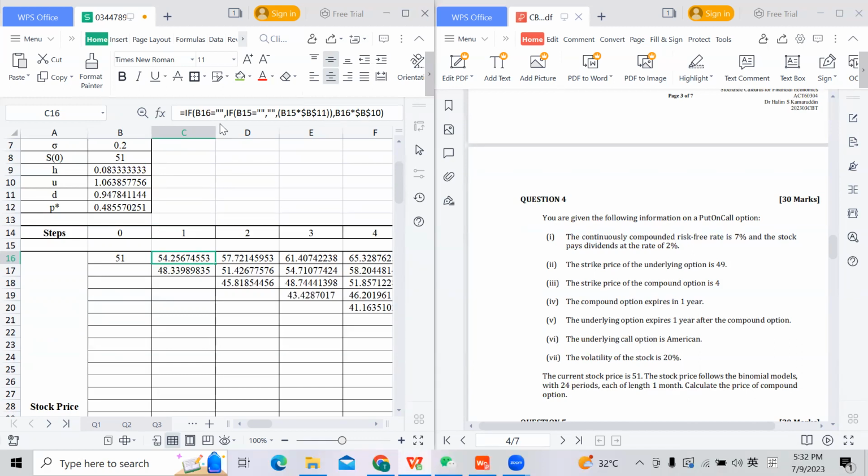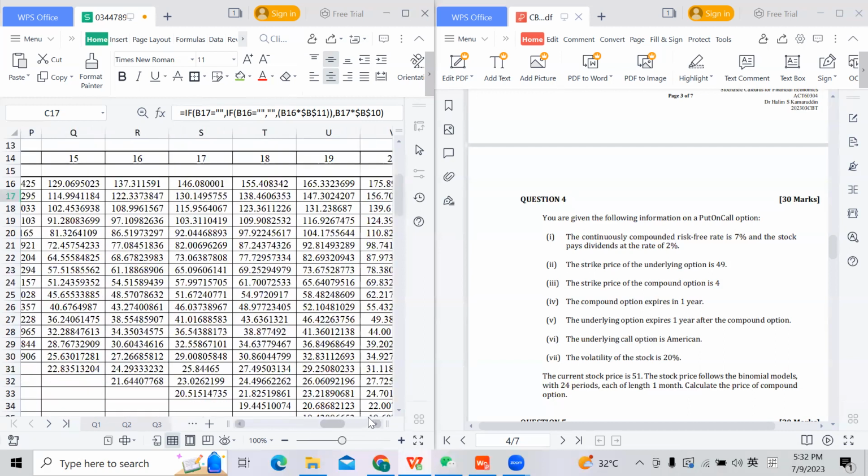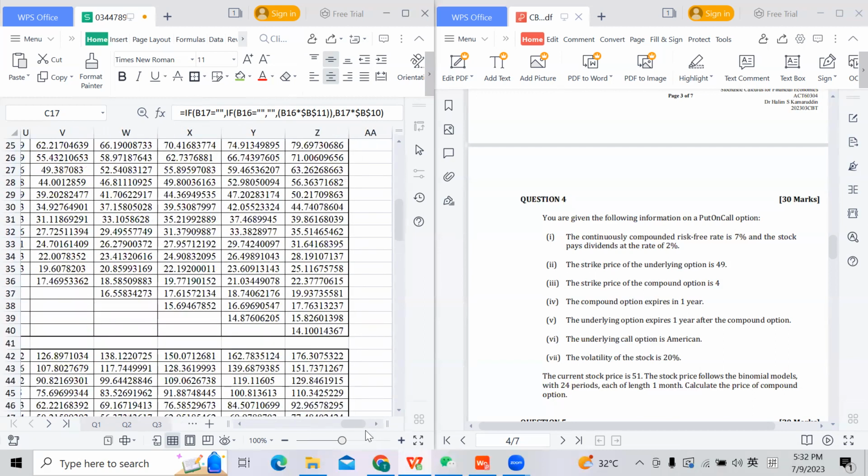If B16 is not blank, meaning the column has a value, we multiply by u, which gives Su. For the next cell, since B17 is blank, we look at B16 and multiply it by d, which gives Sd. Then we continue to compute all the values until period 24.